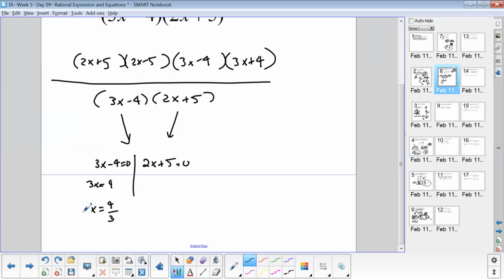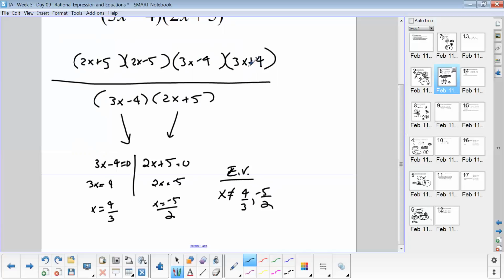So 4/3 would cause the denominator to go to 0. Subtract the 5, divide by 2. Negative 5 halves would cause the denominator to go to 0. So what are the excluded values? Well, x cannot be 4/3 and negative 5 halves.